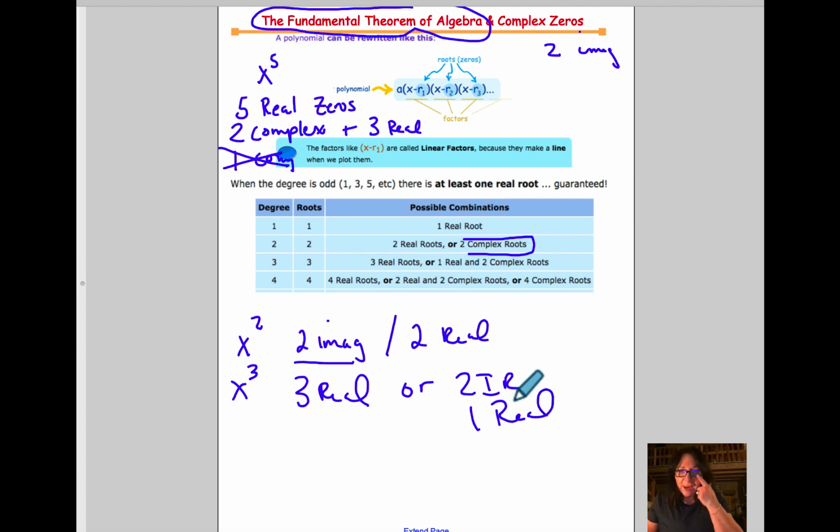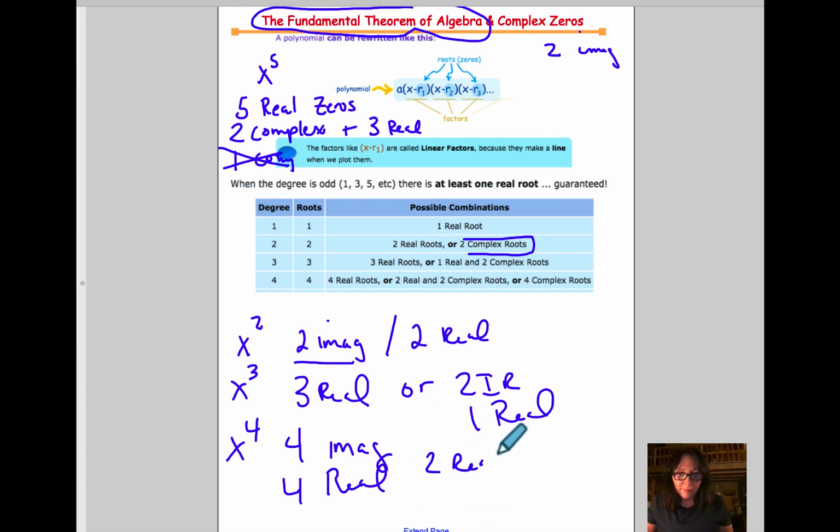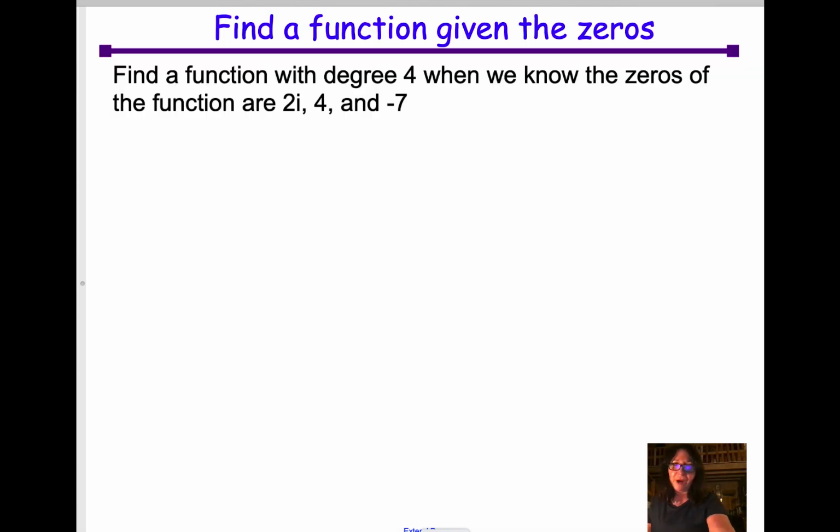Because I can't have 4 imaginary roots in a cubic. But in a quartic, or an x to the 4th degree, I could have 4 imaginary roots, I could have 4 real roots, and I could also have 2 real and 2 imaginary, but I can't have 1 imaginary with 3 real because the imaginaries come in pairs.